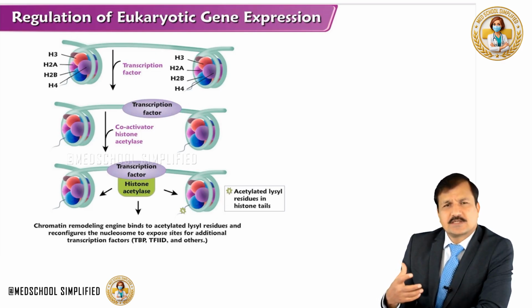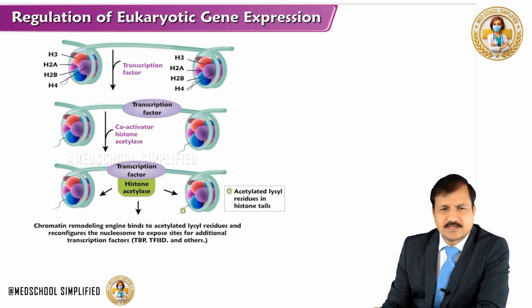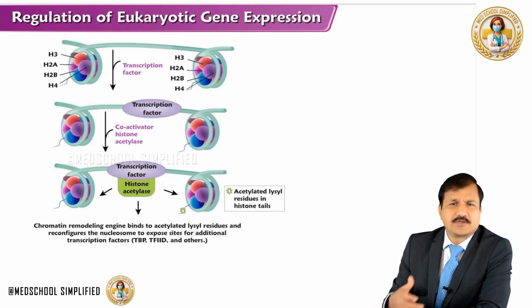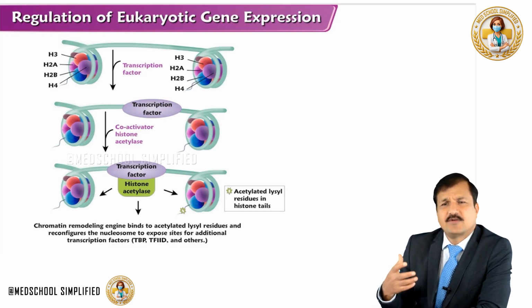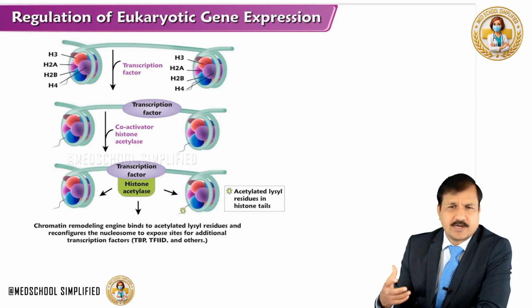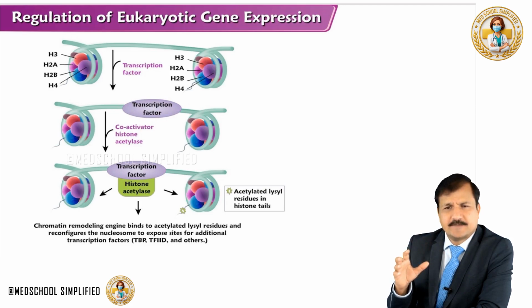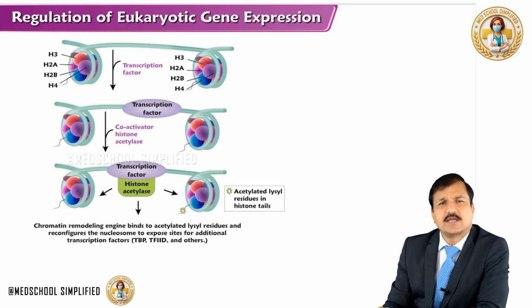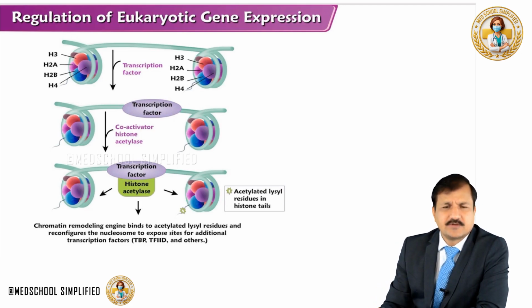Histone acetylase favors gene expression because it causes acetylation of histones, which are rich in positive charges. And histone deacetylases favor inactive chromatin. So, certain lysyl residues in histones are acetylated, thereby decreasing the positive charge and weakening the interaction with the DNA.